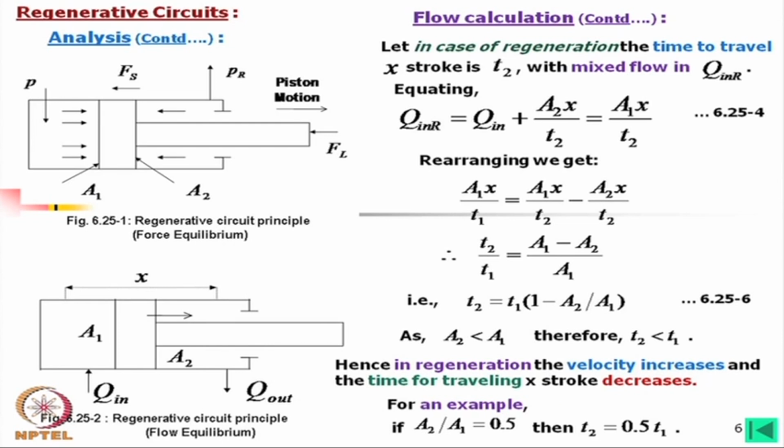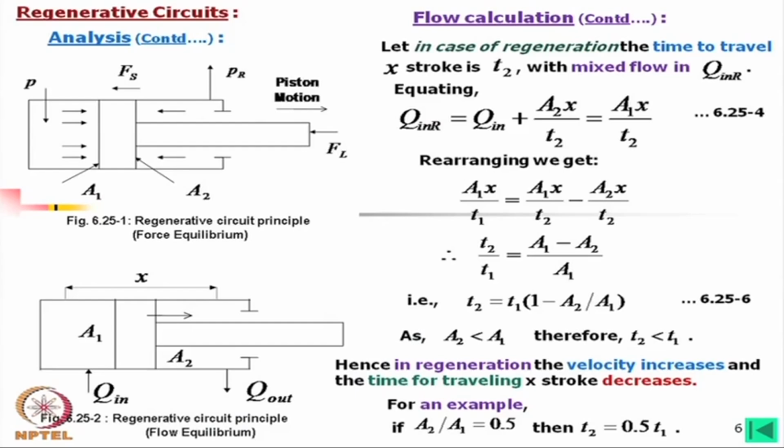For an example, if we take A2 by A1 equal to 0.5. Now, remember here A2 is the annulus area. This means that the rod area is half of the total area of the piston, but that does not mean the diameter is half.